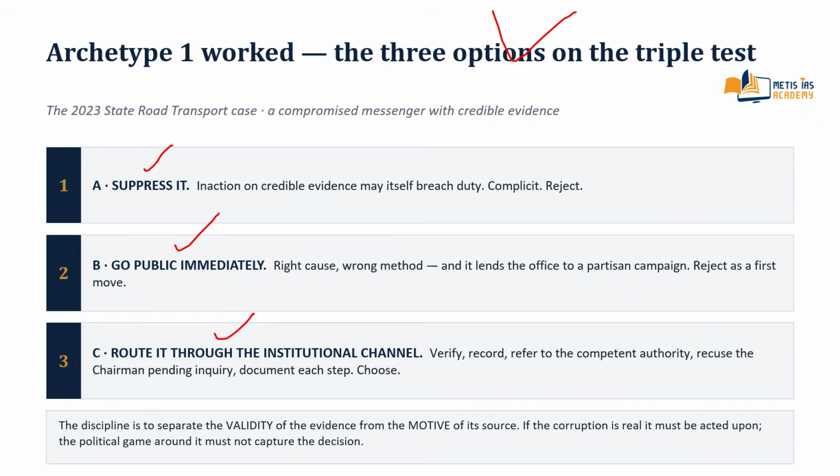Legal: yes, this is the lawful route. Ethical: yes, it acts on the corruption without prejudging guilt and without serving any party. Workable: the most defensible of the three, precisely because it is procedural rather than theatrical. Choose this.